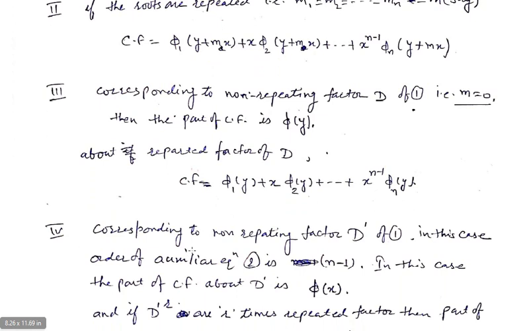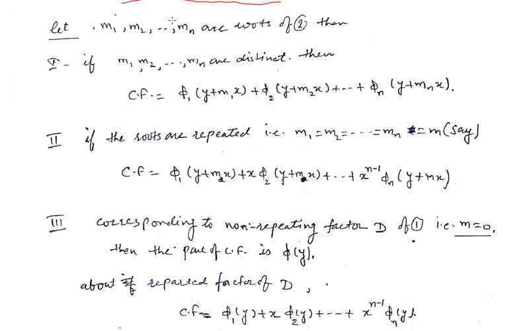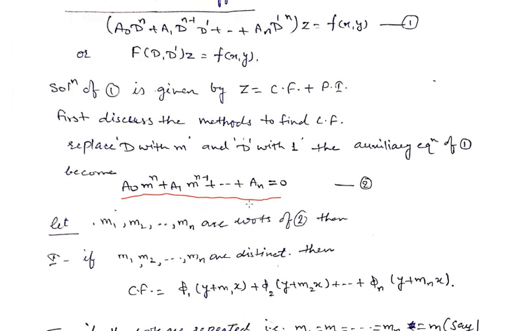Further, corresponding to a non-repeating factor D prime, the order of the auxiliary equation is only n minus 1. It means this is an equation of order n minus 1, which gives us n minus 1 roots. But actually the given problem is of nth order, so there should be n arbitrary functions.